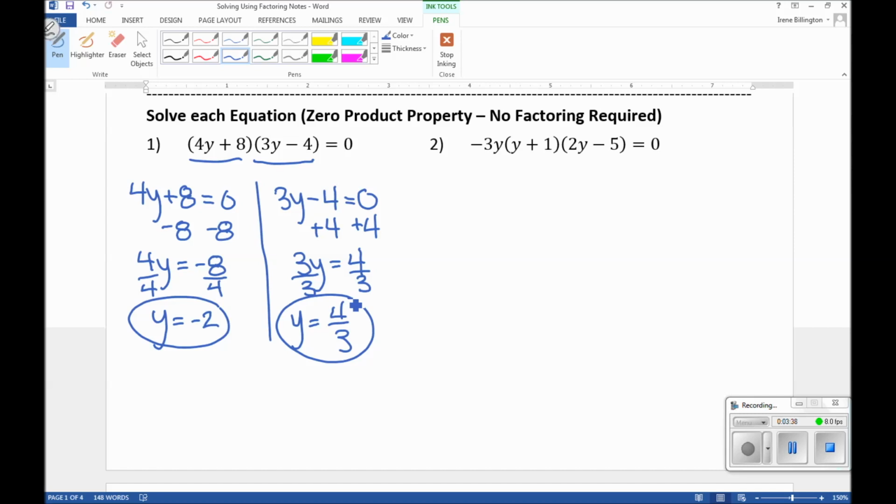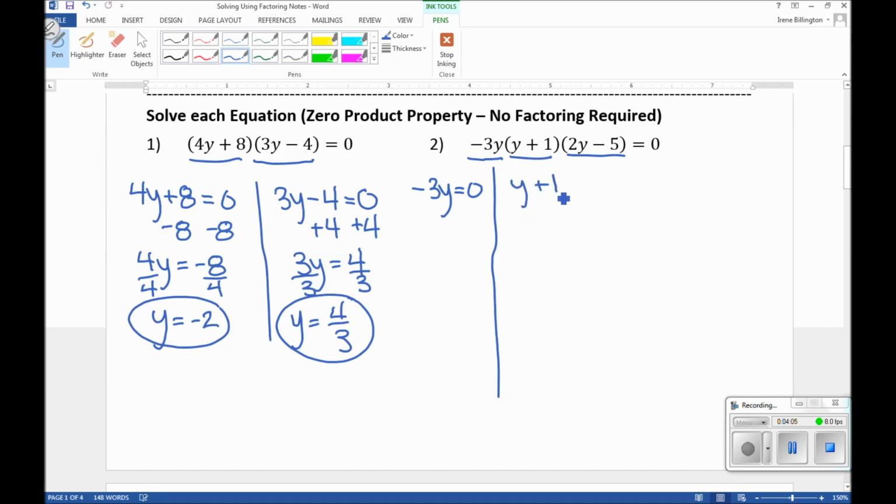Okay, for our second example here, you'll notice that there are 3 factors being multiplied: negative 3y, y plus 1, and 2y minus 5. So that tells me that there are going to be 3 equations, which is going to find me 3 solutions. So my first equation is going to be negative 3y equals 0, because that's my first factor.